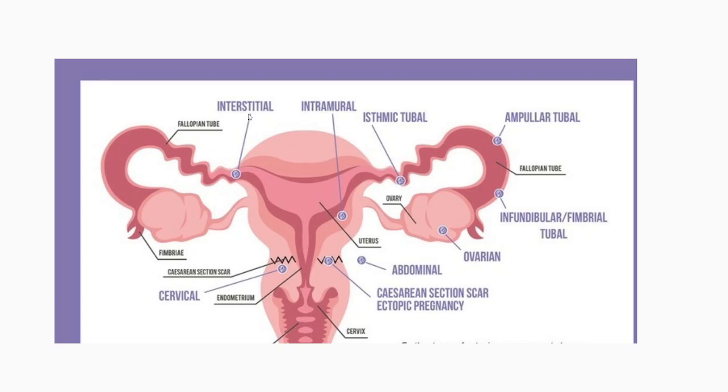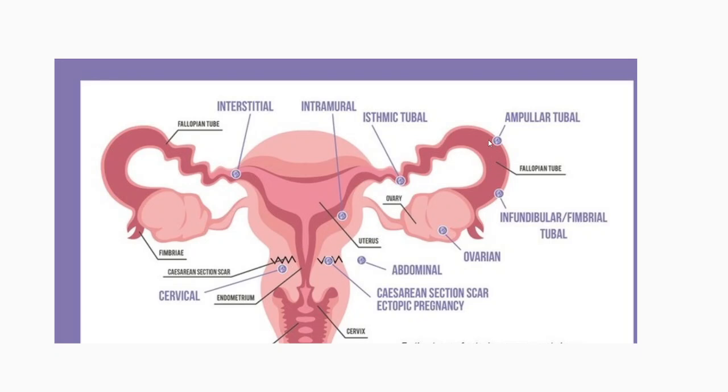In case of tubal pregnancy, the least observed site will be the infundibulum, that is about 2%, and most of the time it may be seen in the ampullary part, that is about 70%. The whole tubal pregnancy covers about 96%.